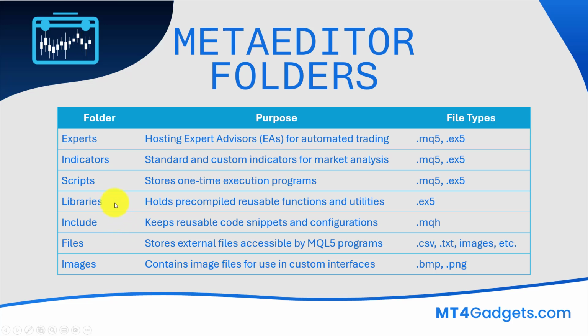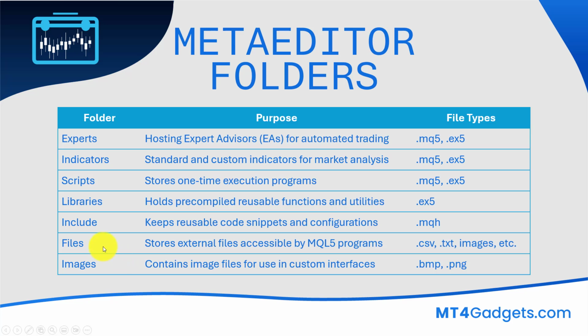So libraries is a folder, include is a folder, and libraries contain a set of pre-compiled reusable functions with an .ex5 file extension, and include files are again reusable functions and utilities, but in source code, and they have an .mqh file extension.